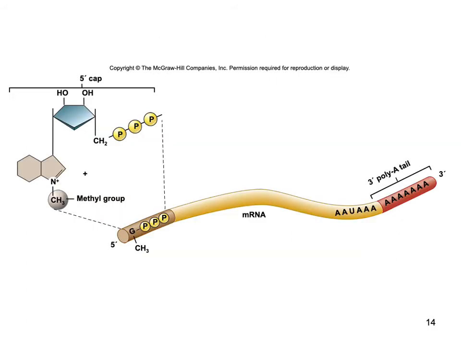It's actually an addition of an RNA G nitrogenous base, but it's modified with 3 phosphate groups. So we just call it the 5' G cap. You put it here on the end, and it helps the mRNA from fraying and getting degraded and broken down.